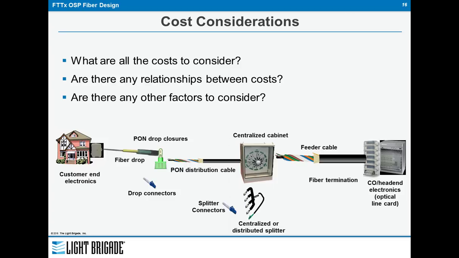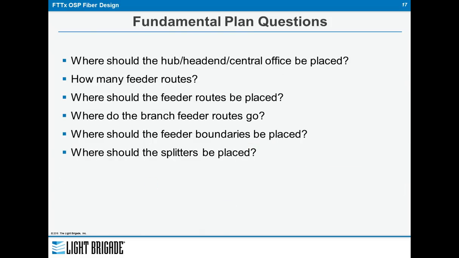One of the big questions that needs to be answered is where do we place our elements in our network, our hub, head end, central office, node. Physically, where should we place that in our area? From that location, how many feeder routes are appropriate?